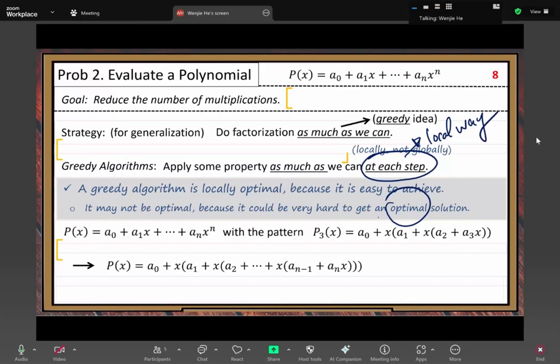Now, at the end, we need to do the counting. How many multiplications do we need based on this formula, the special form? We see this ellipsis again.